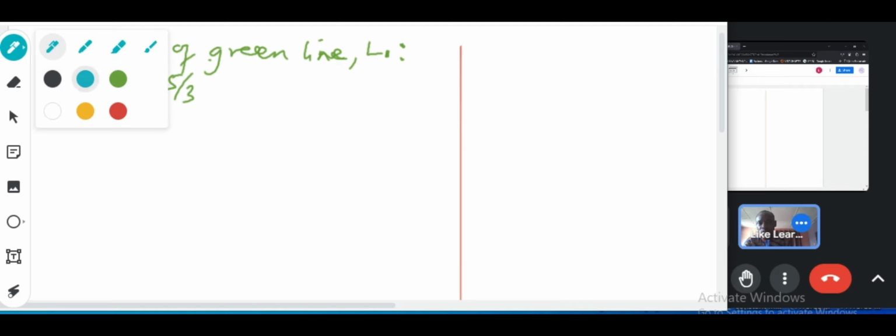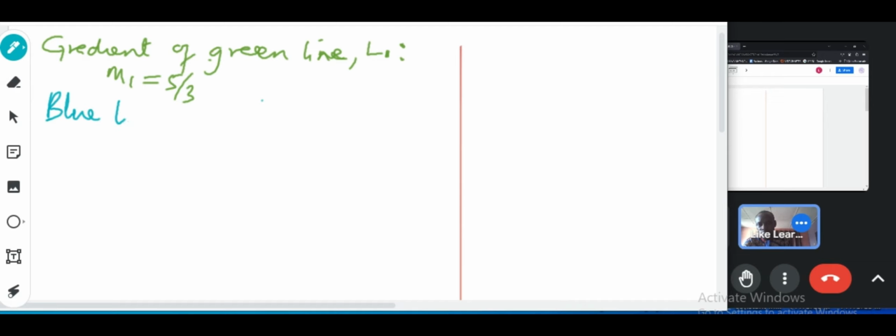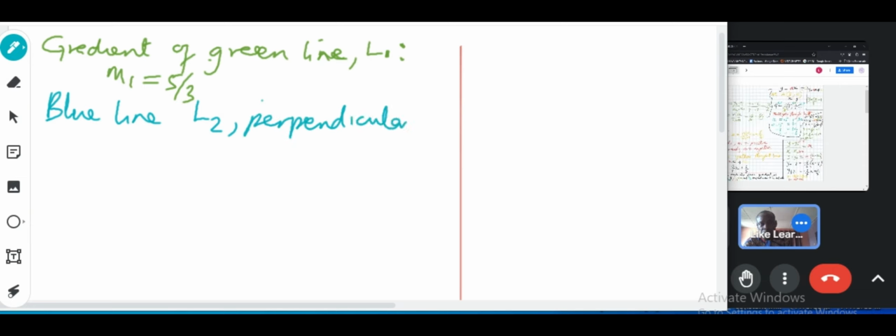Now, the blue line that's perpendicular to it, L2. The blue line L2, which is perpendicular to L1.